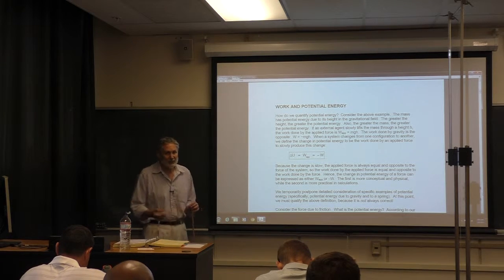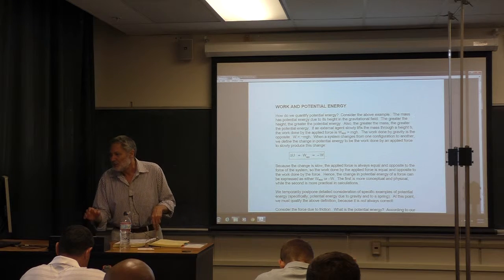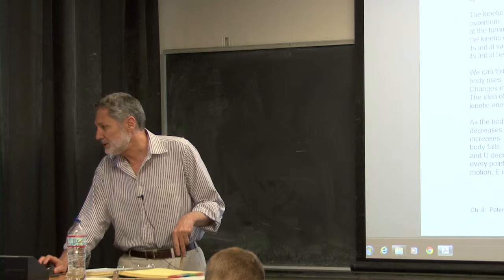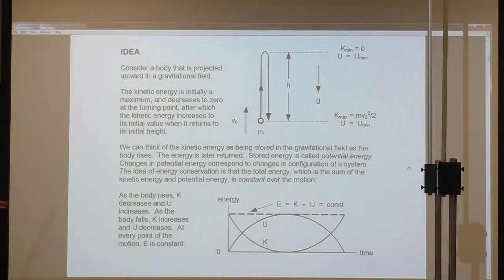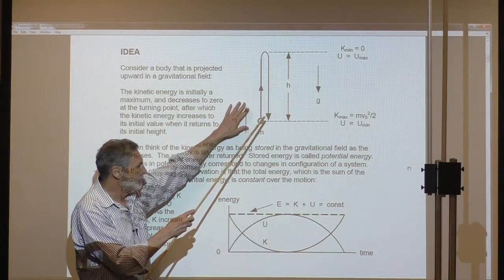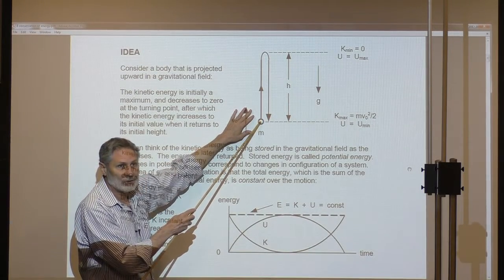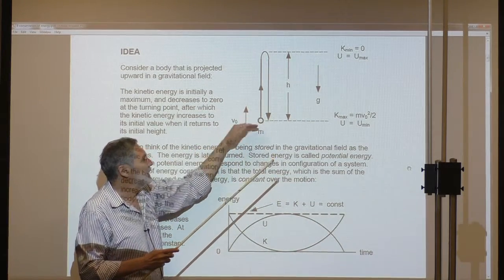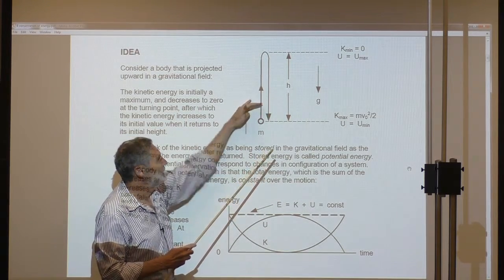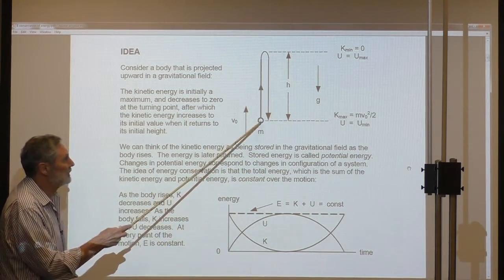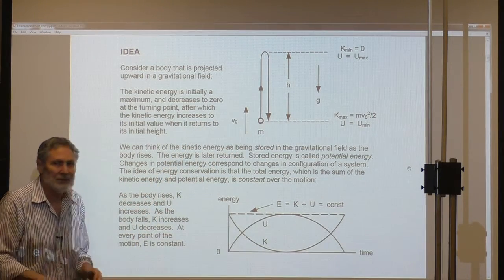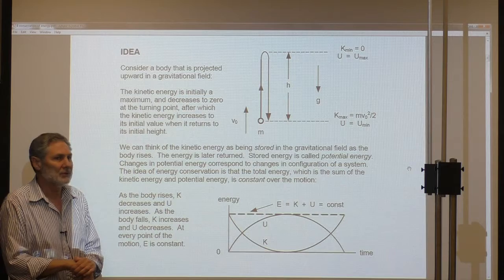So here's what we do. This is real physical. We imagine that to get at the potential energy here, we forget our motion. Just forget it. Just think of the body and the gravitational field. We define the potential energy to be the work that we have to do to raise the change in potential energy from, let's say, here to here. For right now, we're going to be dealing only with changes in potential energy.